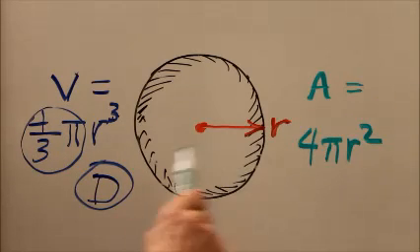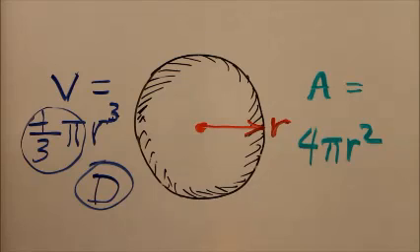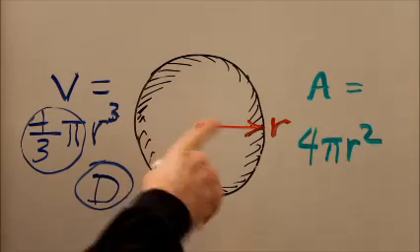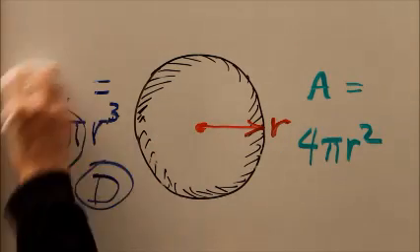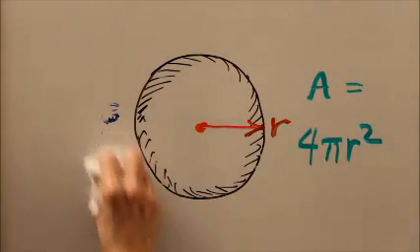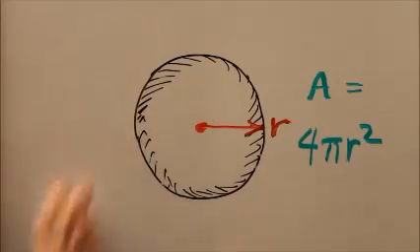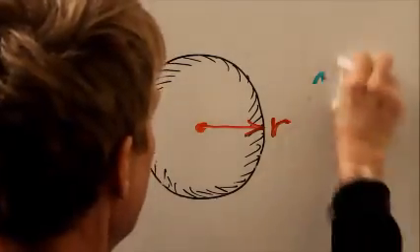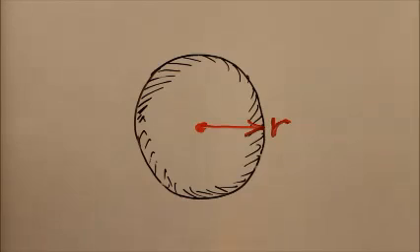Now you can work out a number of problems of this sort, but in fact you'll find in every case that as the radius goes up, the ratio or proportion of the volume to the surface area goes up the same way.